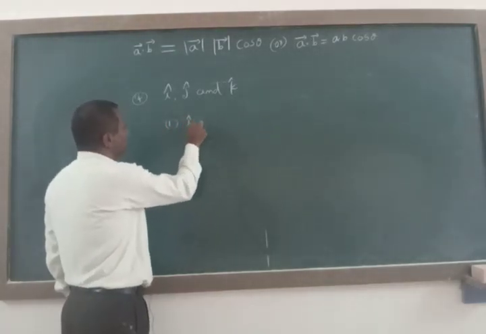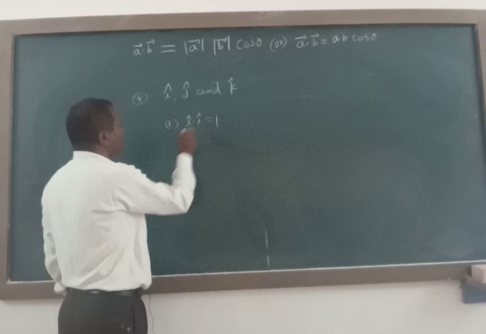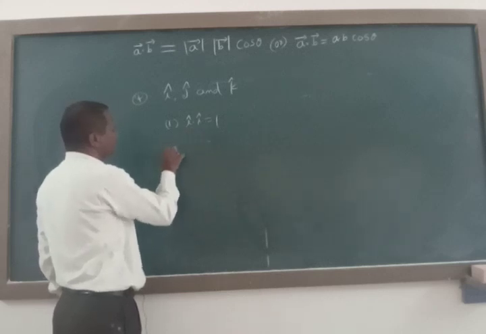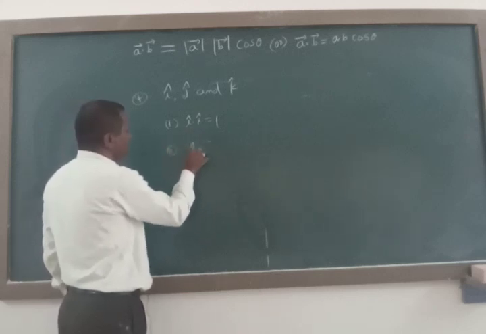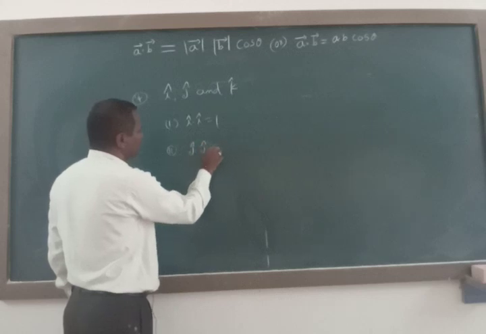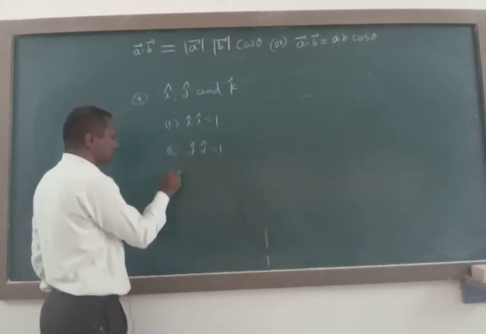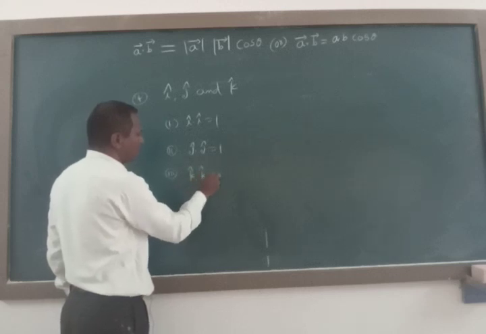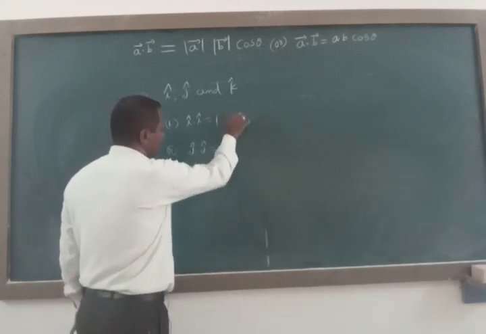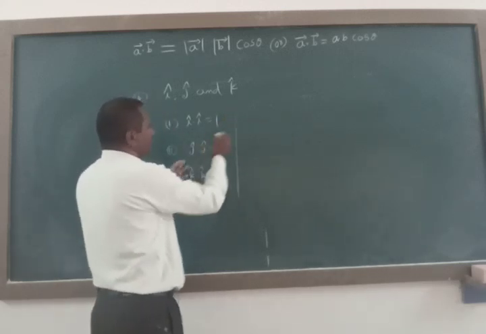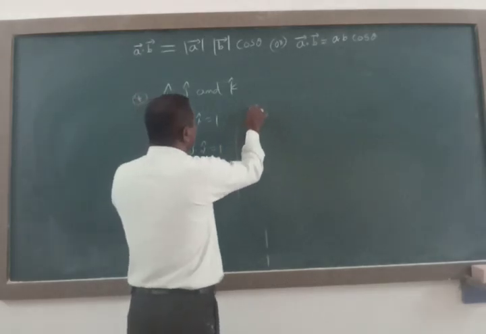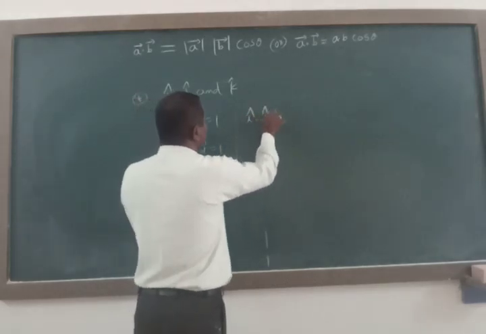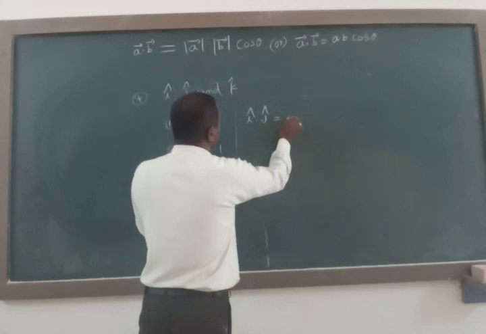i cap dot i cap is equal to 1. Second point, j cap dot j cap is equal to 1. Third one is k cap dot k cap is equal to 1. But for different basic unit vectors, reversely, i cap dot j cap is equal to 0.